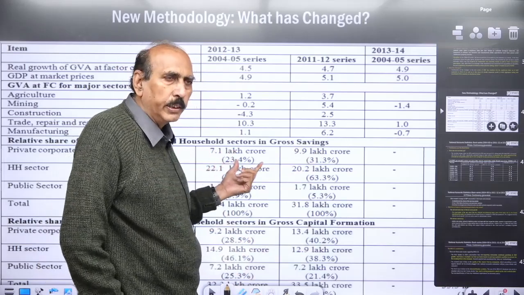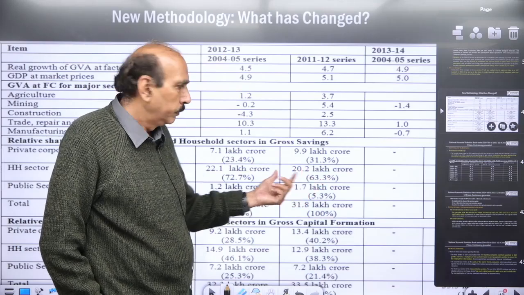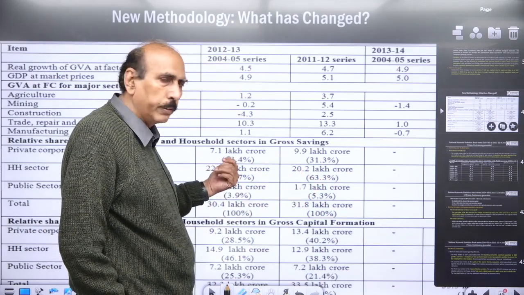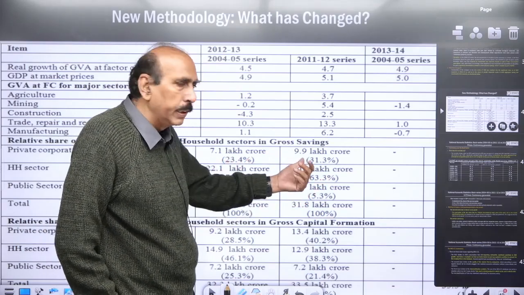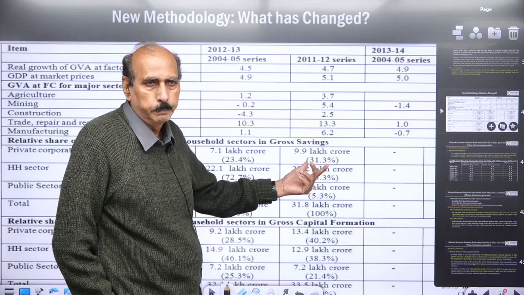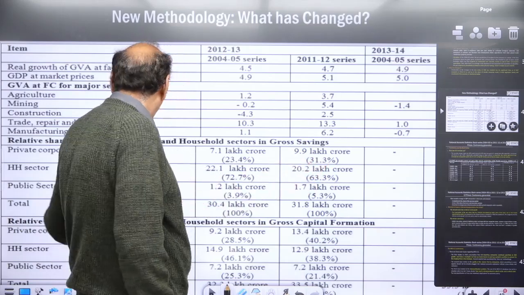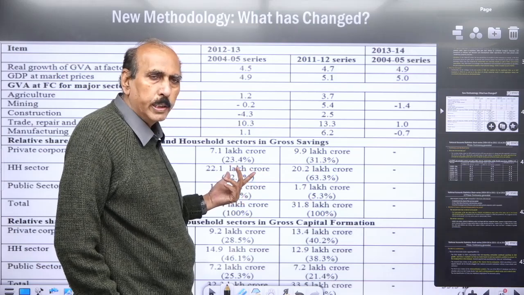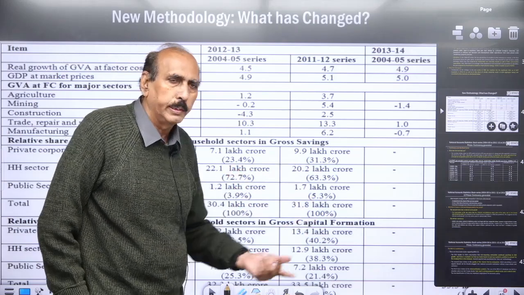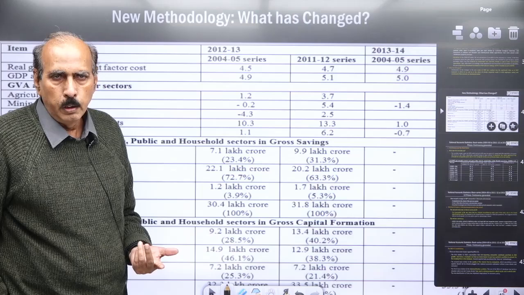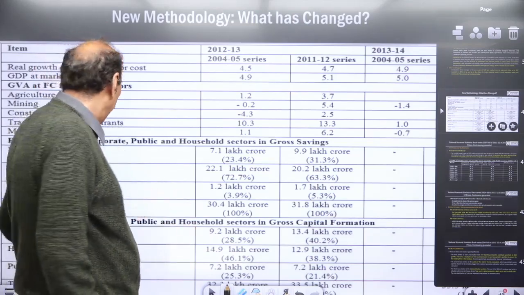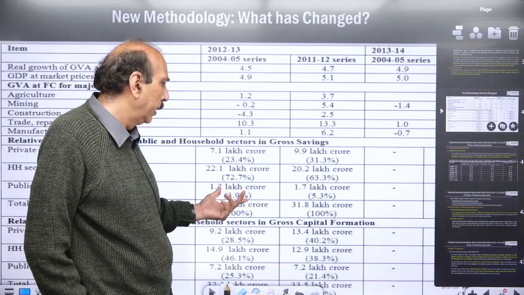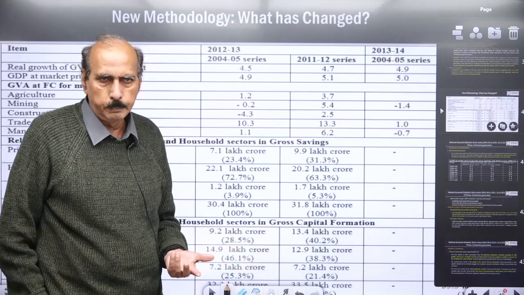But if you apply this, these figures are important, because of change in definition, the share of corporate sector in the savings has increased. You see that earlier it was 23%, immediately it jumped to 31%. Share of the household sector, earlier it was 72.7%, it is reduced to 63.3%. Similarly, the private sector has marginally increased.